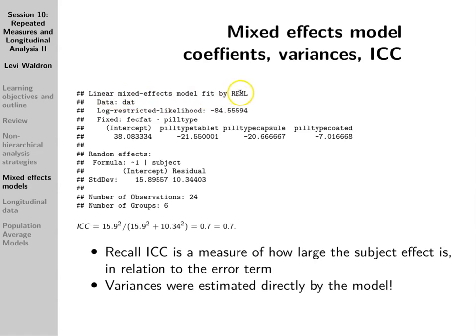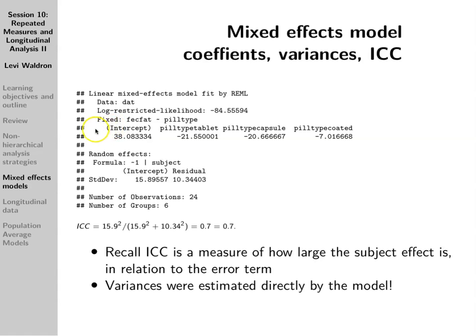You can also use a full maximum likelihood. It doesn't make a difference in most cases unless you're having challenges with convergence or things like that. But you can still use this log restricted likelihood for doing a likelihood ratio test, etc.